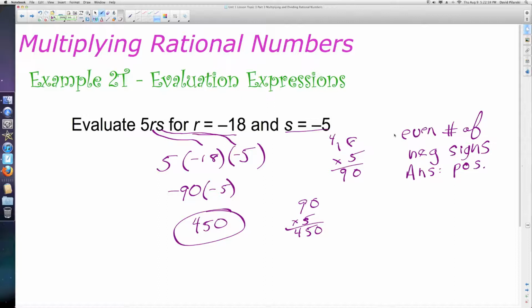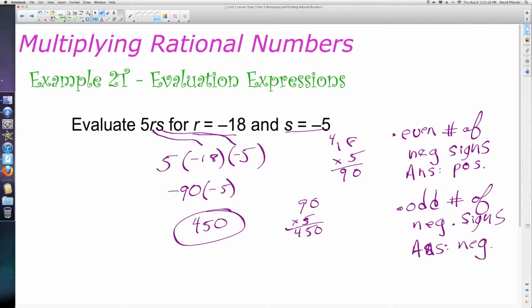And if you have an odd number of negative signs in your expression, the answer is going to be negative. So that's something neat to remember when you're multiplying multiple numbers and you have lots of signs. If you just count up the signs, in this case we have 1, 2 signs, and 2 is even, so our answer is positive. That's kind of a quick way to find your signs.